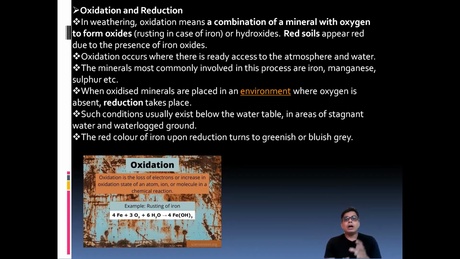The red color of the iron changes to a greenish or bluish color because of oxidation or reduction. In chemistry language, oxidation is the loss of electrons.